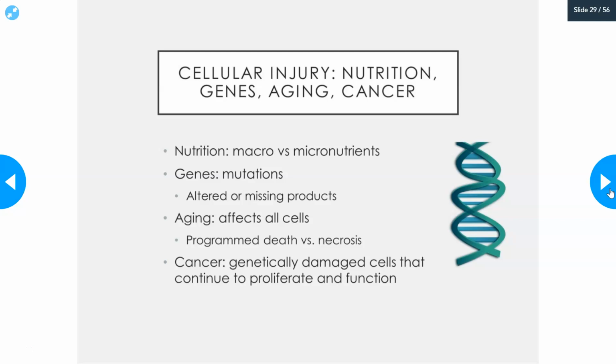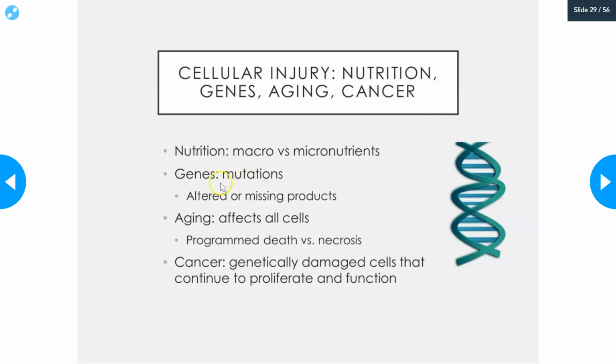If you eat a lot of processed foods, you're going to get a lot of your macros, your carbs and fats, etc., but you're not going to get your micros. And lacking these can cause a lot of chemical reactions in your body to not happen properly, and eventually, over years and years of eating that way, can lead to disease.